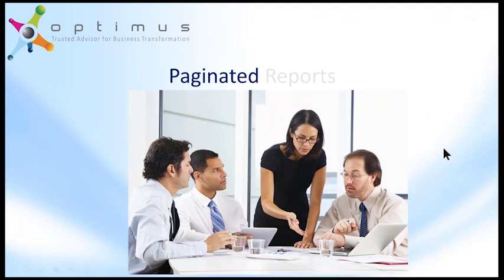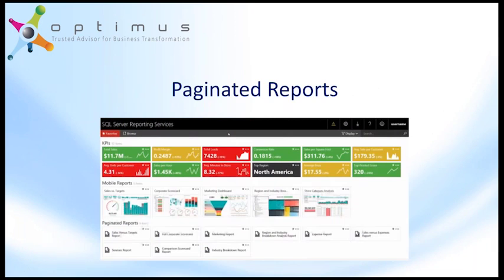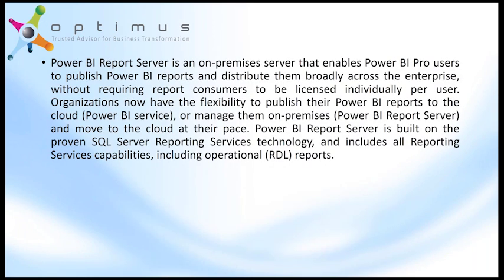So I'm erasing the drawings, and now I'm going to the next slide. So, paginated reports, discussed it. Here's the detail, kind of like the white paper I told you about. Here's an example of paginated reports. This is a portal. You click into it, and then you would see the rows and columns reports, which you're used to.